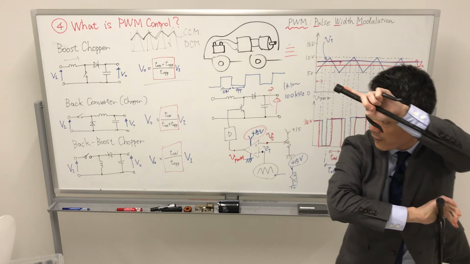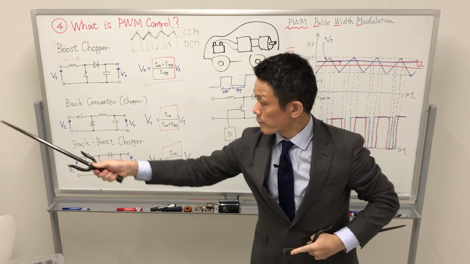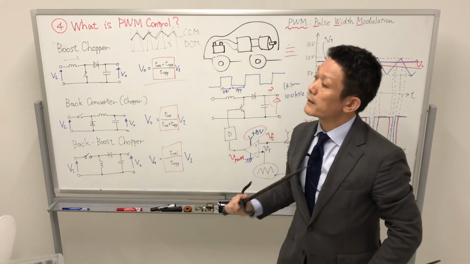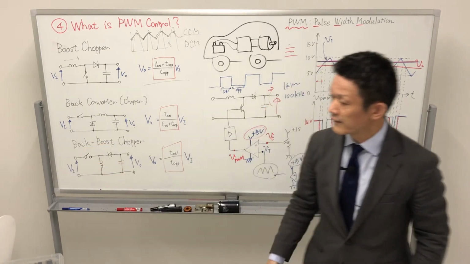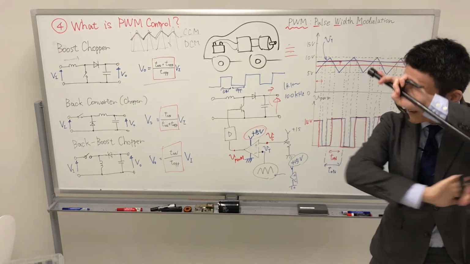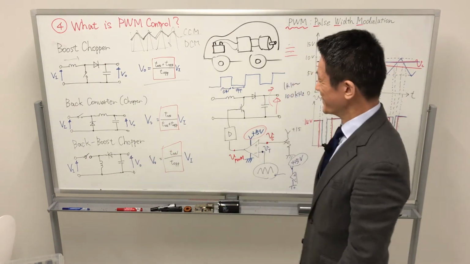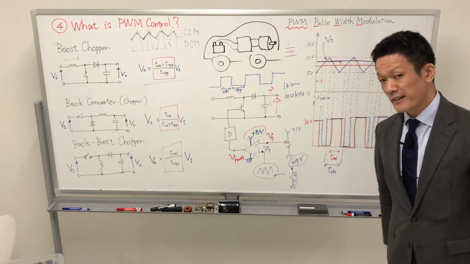Defense and attack. On the opposite side, aim here, like this. This is the old karate weapon. Okay, you can understand this one.